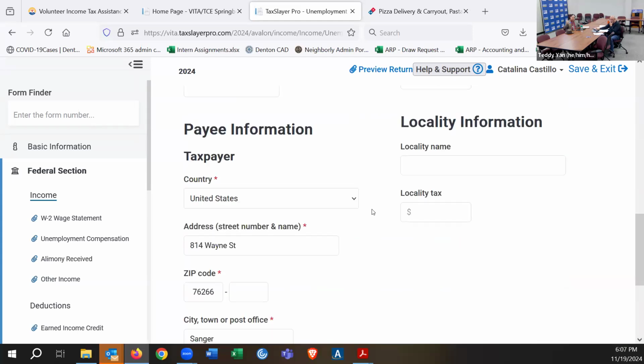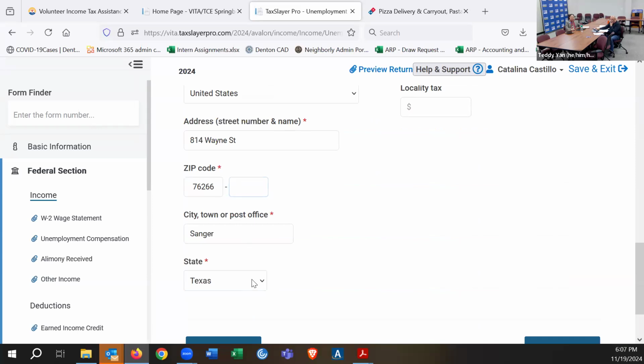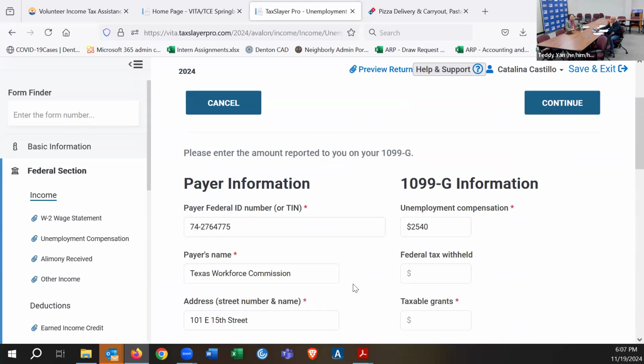And then on this form, the payee information is below the payer information. So we have taxpayer info, her address, and then back at the top, we have unemployment compensation. This is box 1. So we enter 2540 there.